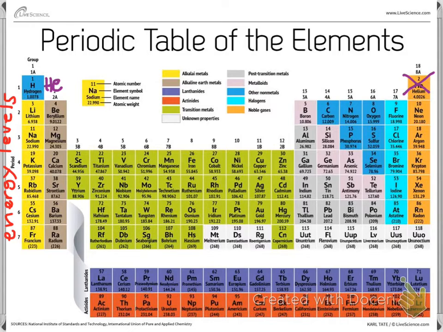So all that's saying here is in the first row, we're in the first energy level. In the second row, we're in the second. In the third row, we're in the third. In this fourth row, we're in the fourth energy level, and so forth. So those numbers there correspond to our energy levels.